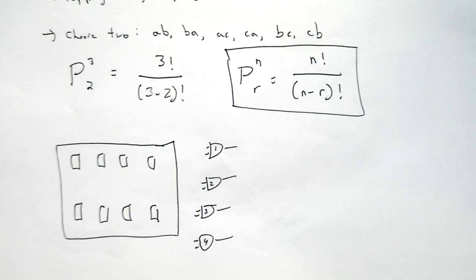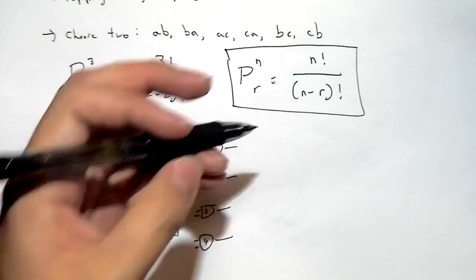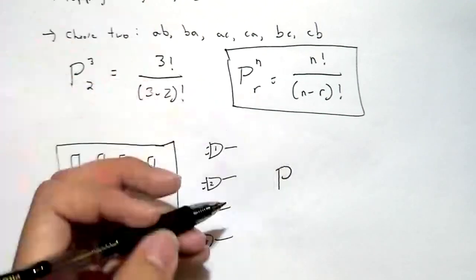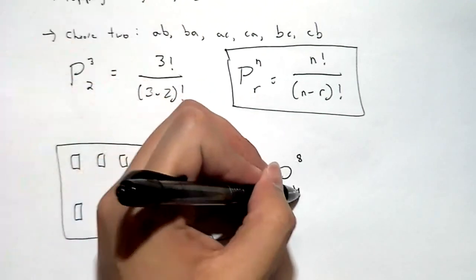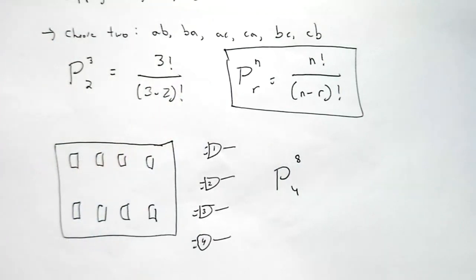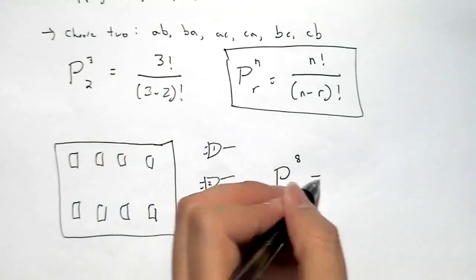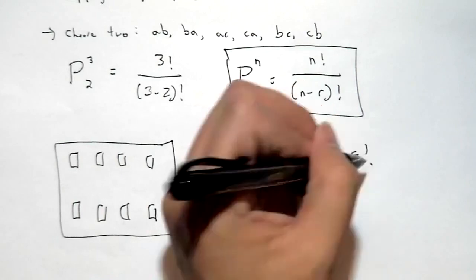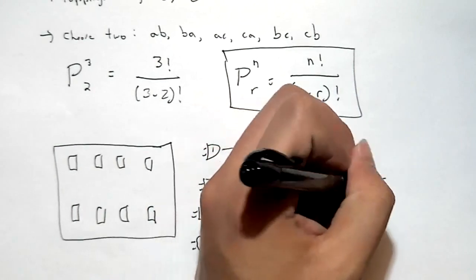So always try to bring it back to ice cream, right? In this case, your circuit board is your number of toppings, okay? And then the components that you connect to it are the toppings that you're choosing from, okay? Or that you're choosing. So in this case, you would have a permutation of 8 outcomes where you choose only 4 of those. And that would be 8 factorial over 8 minus 4 factorial.